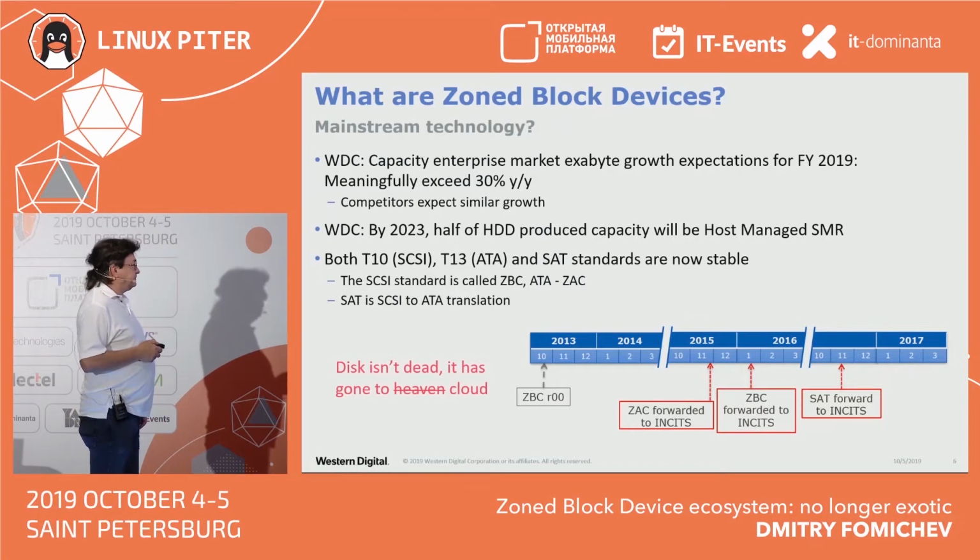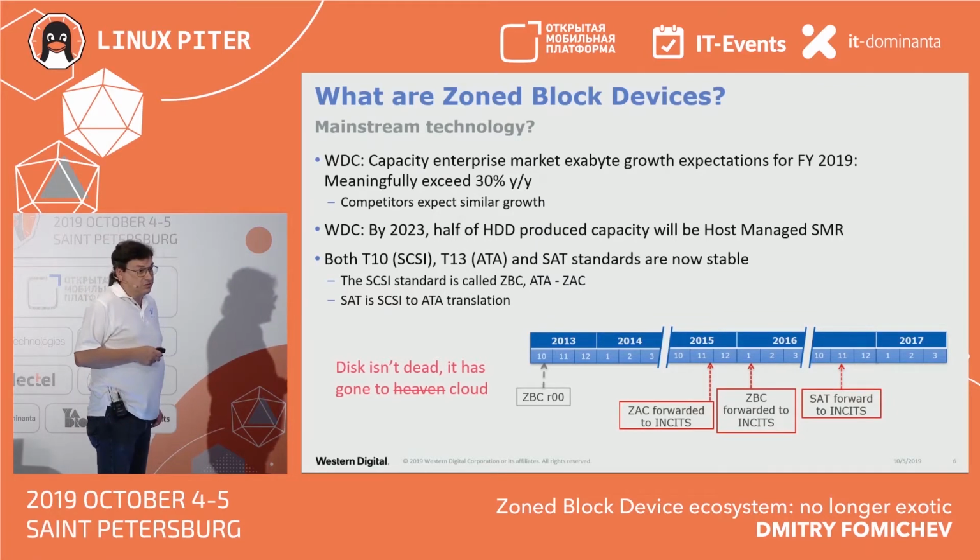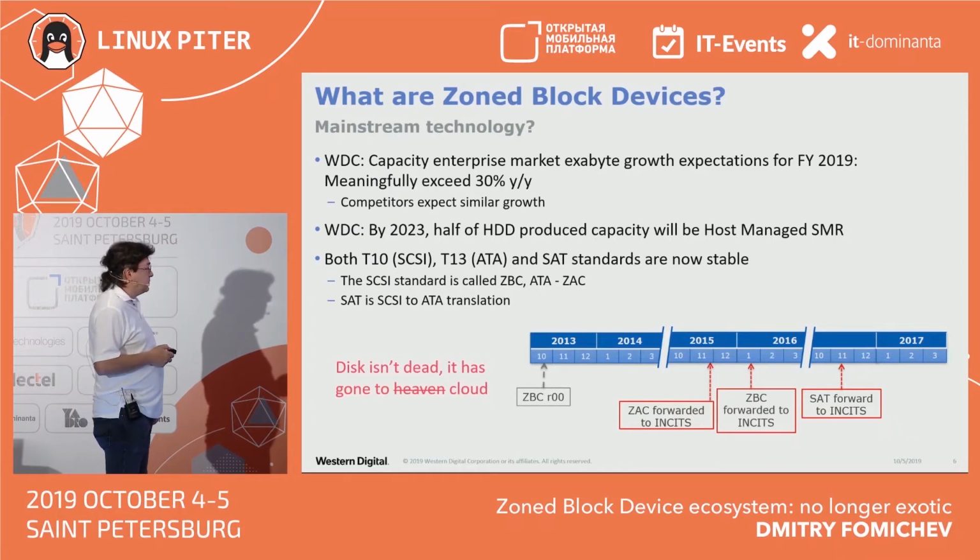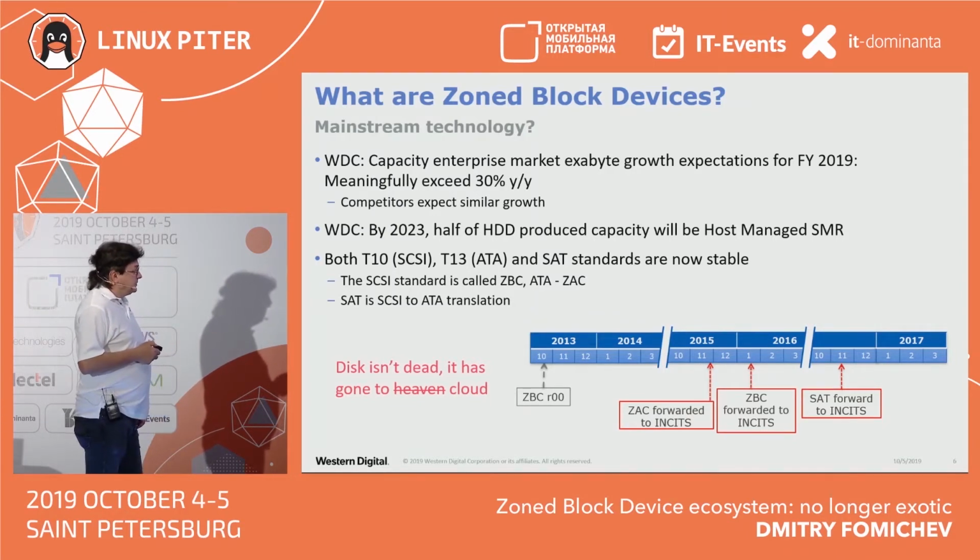And it's not just Western Digital; it's all our competitors. They also project similar numbers for growth. So that wouldn't be possible in the absence of standards. And the technology is already standardized.